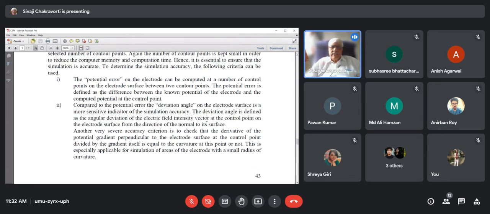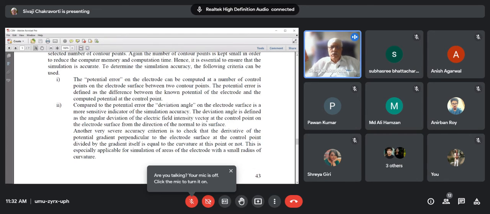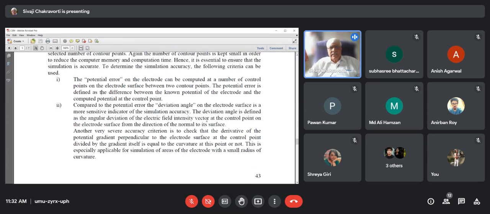We apply that knowledge here. We calculate the components of electric field intensity at the control point and find out the normal component. Normal direction is 90 degrees, so I find out how much is the angular deviation from 90 degrees. This is a very stringent condition of accuracy check.